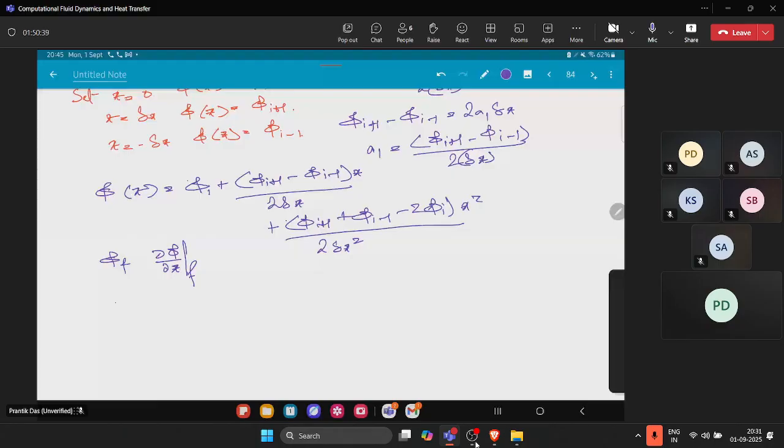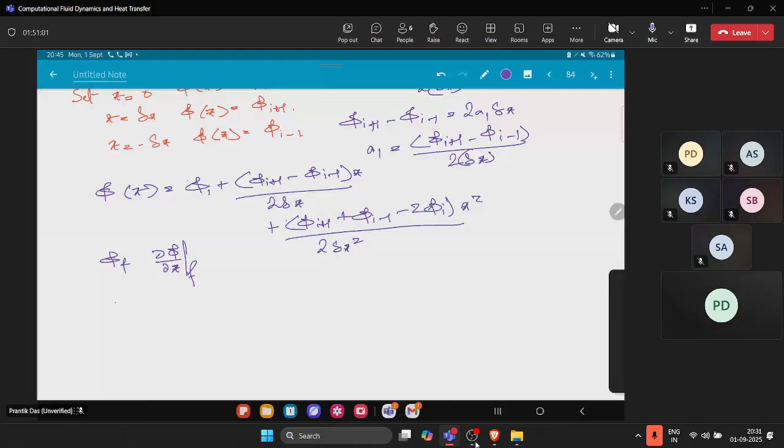So this is equal to (phi I plus phi I plus 1 minus phi I minus 1) divided by 4, plus (phi I plus 1 plus phi I minus 1 minus 2 phi I) divided by 8.